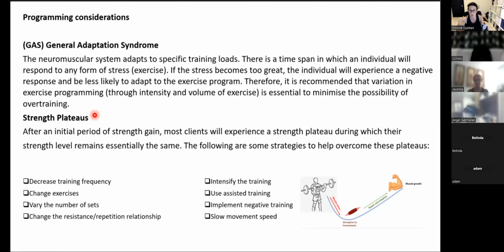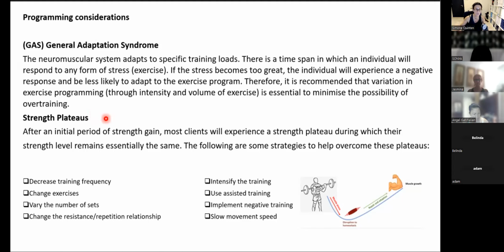If you maintain the same exercise and the same load, you will just maintain. You will not go further and you will not lose weight. You will not gain muscle. You will not lose muscle. So you will just basically maintain. So then you do have some strategies you can use to help with that.